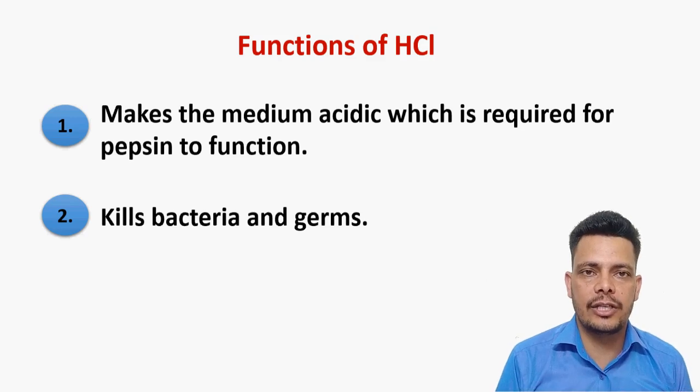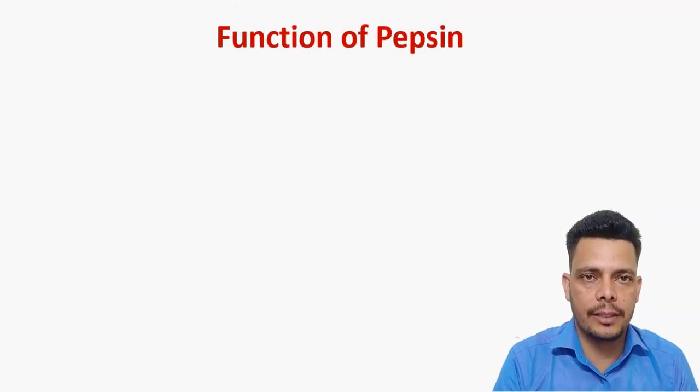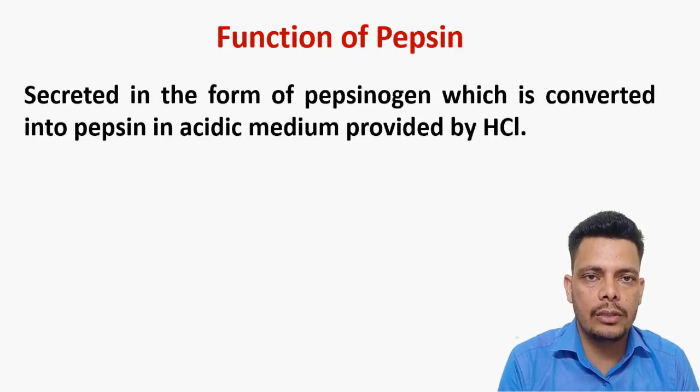And the second enzyme which is present in the gastric juices is pepsin. Pepsin is in the pepsinogen form, and when acidic medium is there, it is converted into pepsin. So now this pepsin acts on the food, particularly protein, and partially digests the proteins.